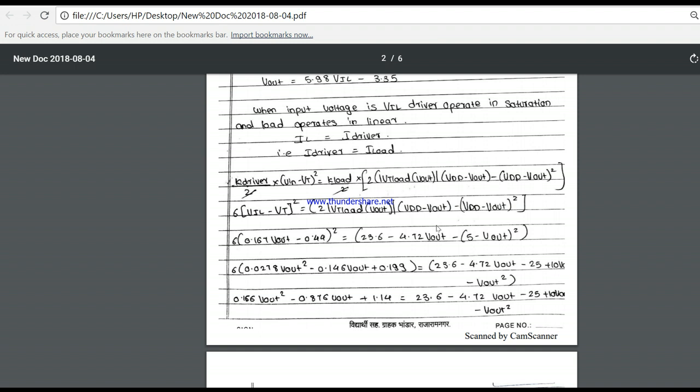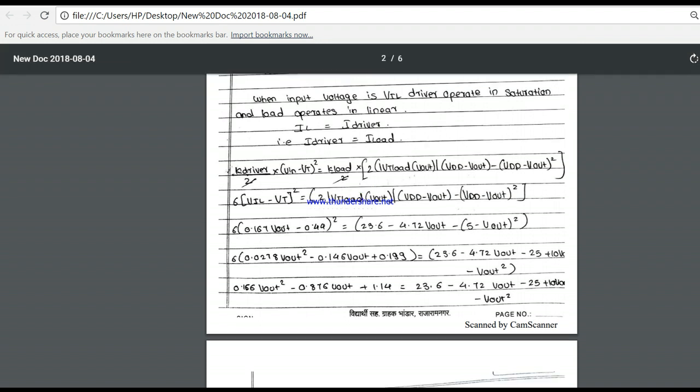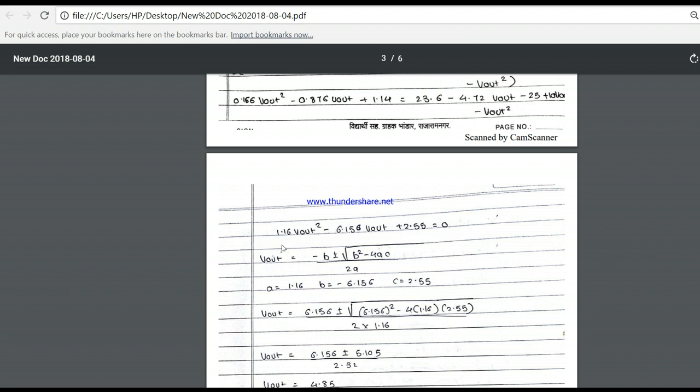Putting all the values we have from the specification and the upper section, we'll get a quadratic equation, that is 1.16 V out squared minus 6.15 V out plus 2.55 equals 0. Now solving for V out by this expression, we'll get two values of V out.